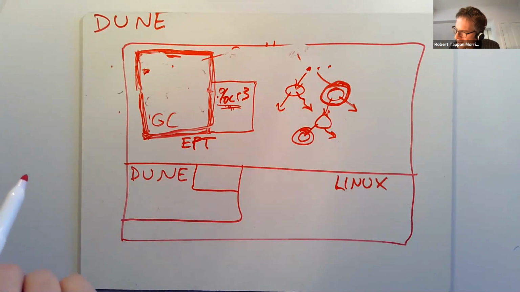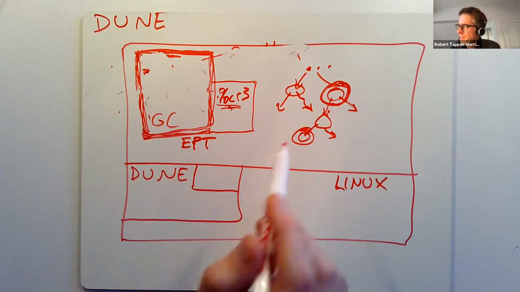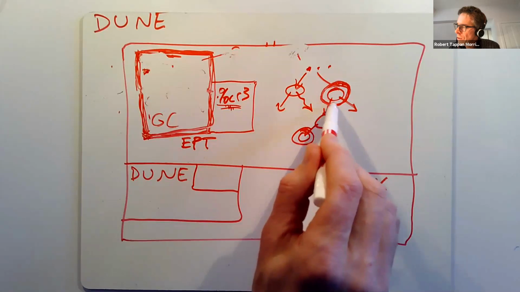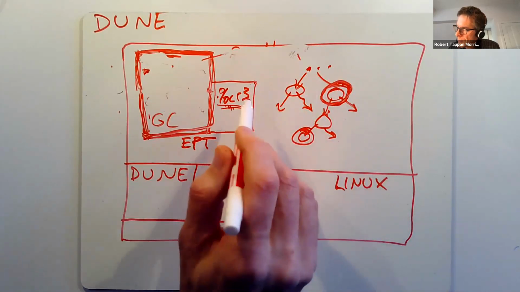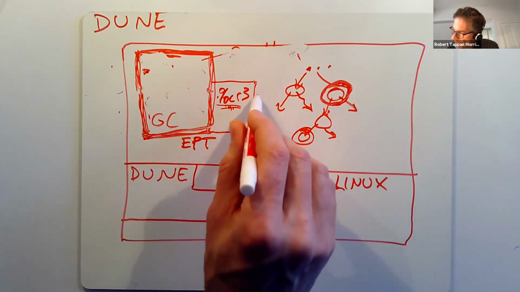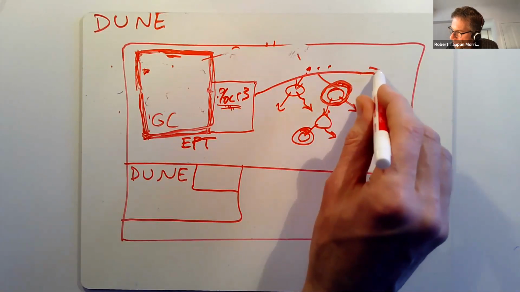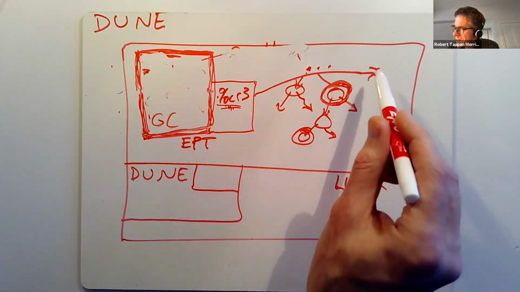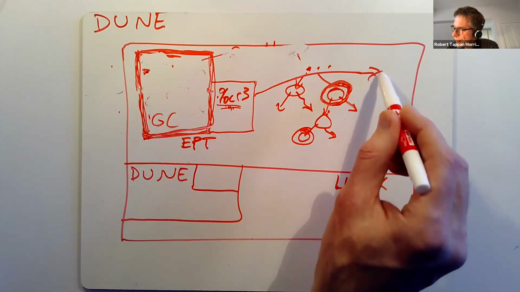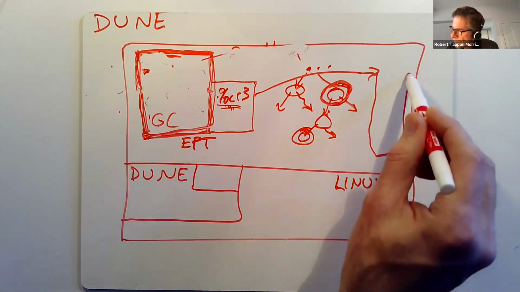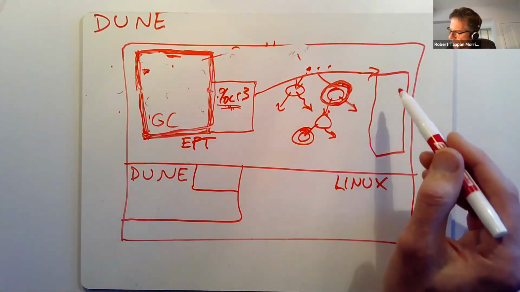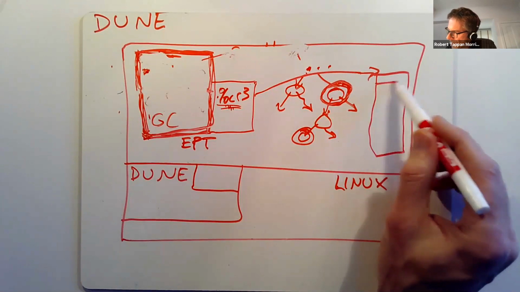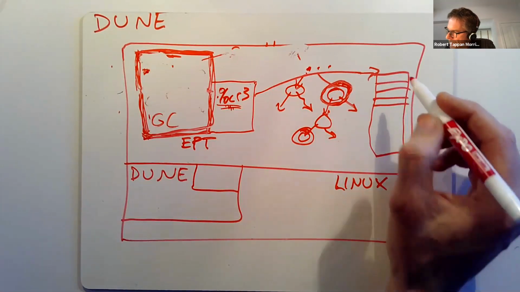So Dune, using page table support, provides a way for the garbage collector to detect writes like that. And in particular, Dune sets up the CR3, the virtual CR3 supported by VT-x, to point to its own page table. And it leaves all these page table entries valid, but it looks at the D bit.